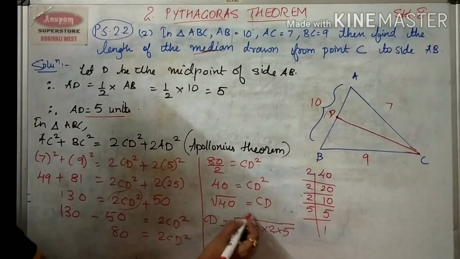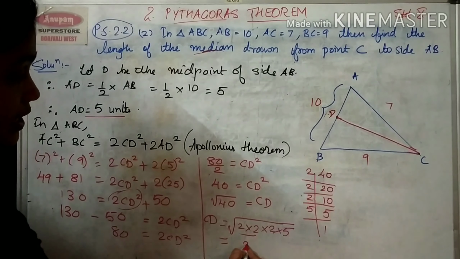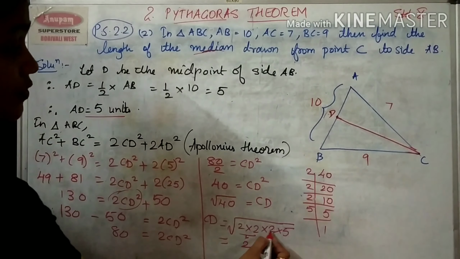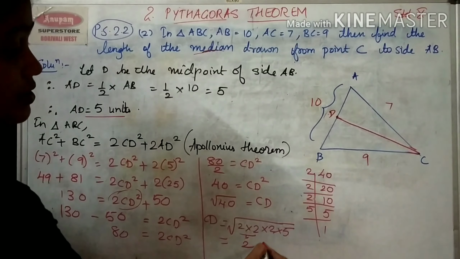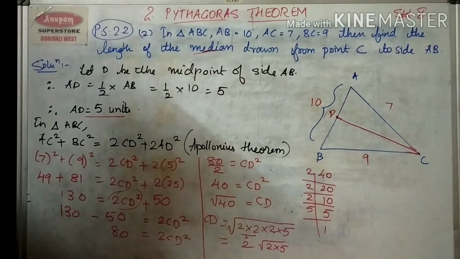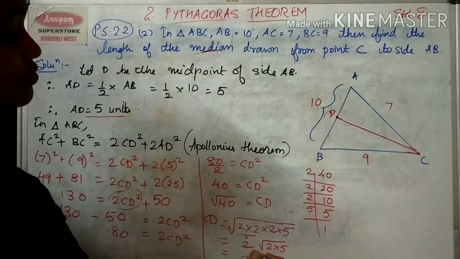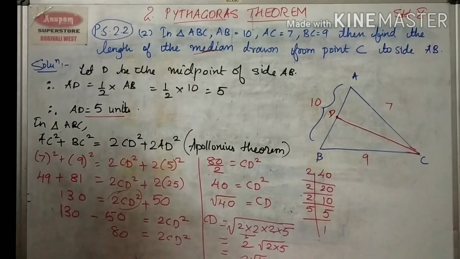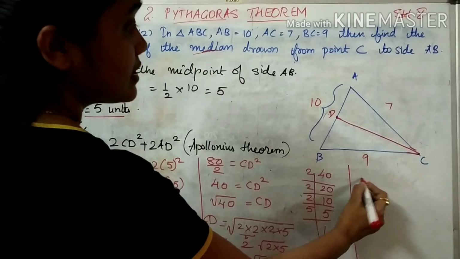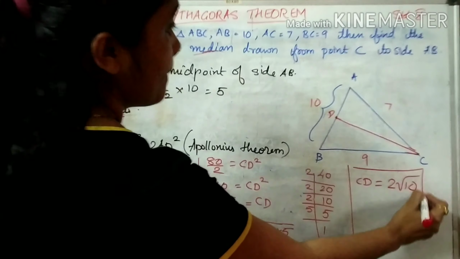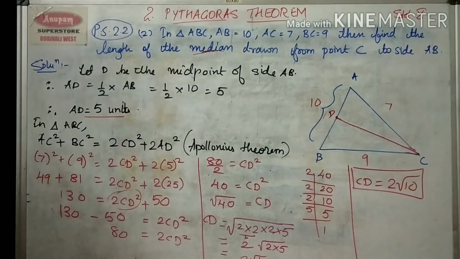The square root will disappear for this pair, and I'll write only one single 2. The remaining numbers are not similar, so they remain under the square root sign, and hence the answer is 2 root 10. So from here we get our answer: CD is equal to 2 root 10. This is our final answer.